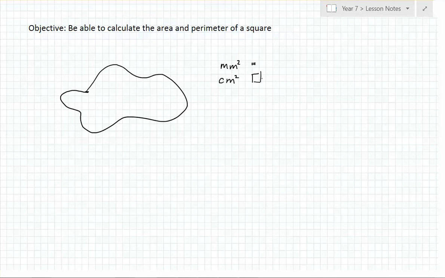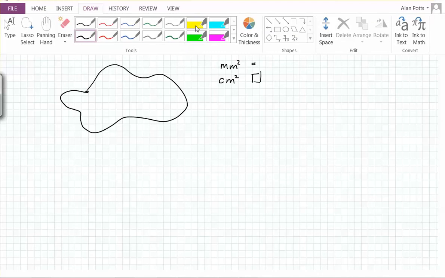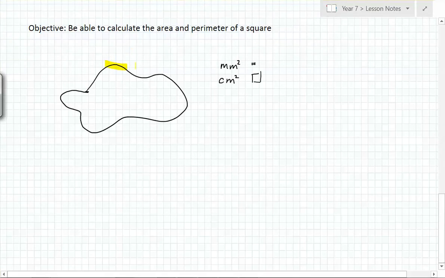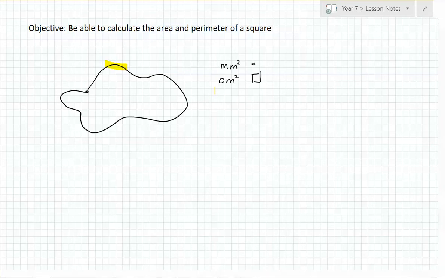Yeah, I agree. Imagine this area here, where you've got the little bit extras. How easy is it to fit little millimeter squares in and build it up? It'd take you ages to do. I'm not asking which one's easier, I'm asking which one's more accurate. Okay, so the smaller unit of area is much more accurate, and that's what we would consider.